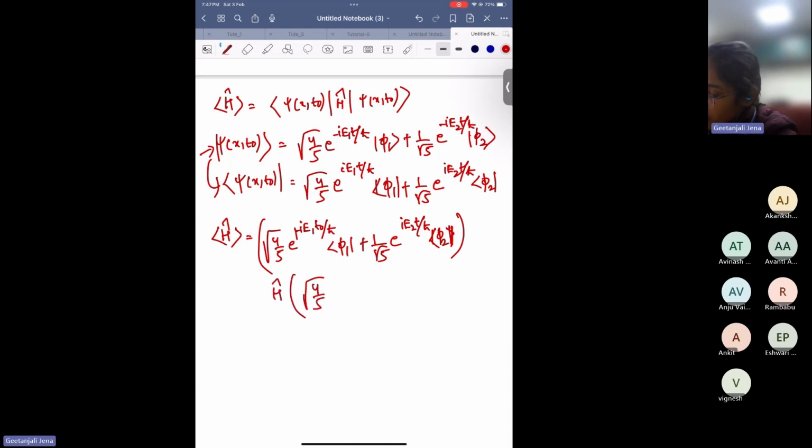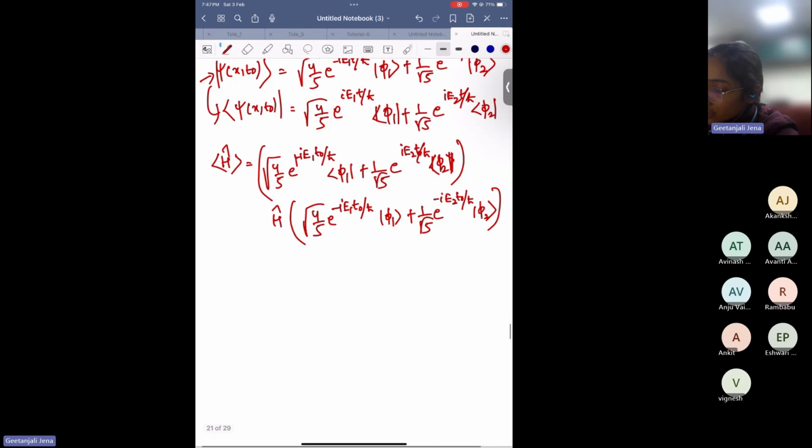This will be root over 4 by 5 e to the power minus i E1 t0 by h cut phi 1 plus 1 by root over 5 e to the power minus i E2 t0 by h cut phi 2.